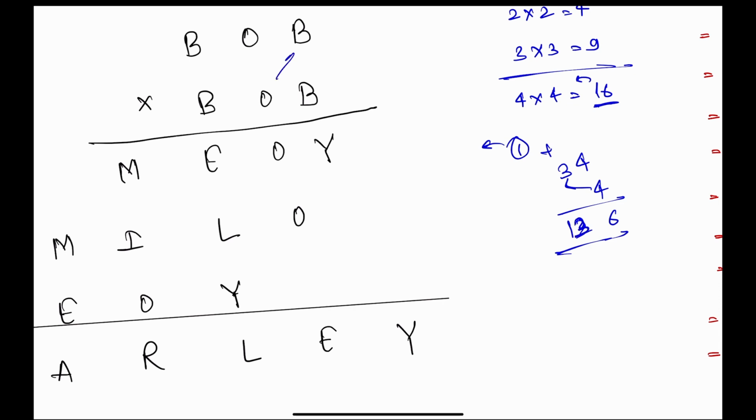But here when I multiply o with b, this is o, this is b. But when o and b are multiplied, I can say that here it's coming o only, which is nothing but 12.